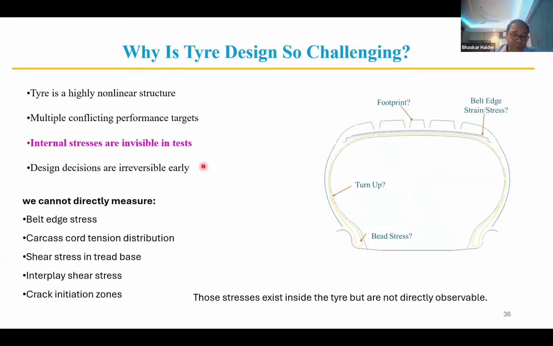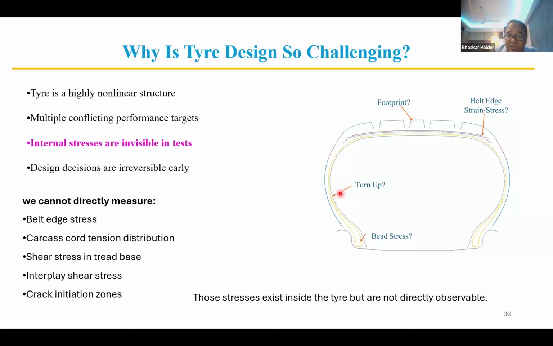Another thing is that while designing any tire, there is no physical method to check what is happening internally in the tire. Suppose when the tire touches the ground, the belt, if you see, this is called the belt. At the belt edge, some strain and stresses are coming. When the tire touches the ground, at the footprint there is a different stress distribution. There are some open edges that are called the turn up.